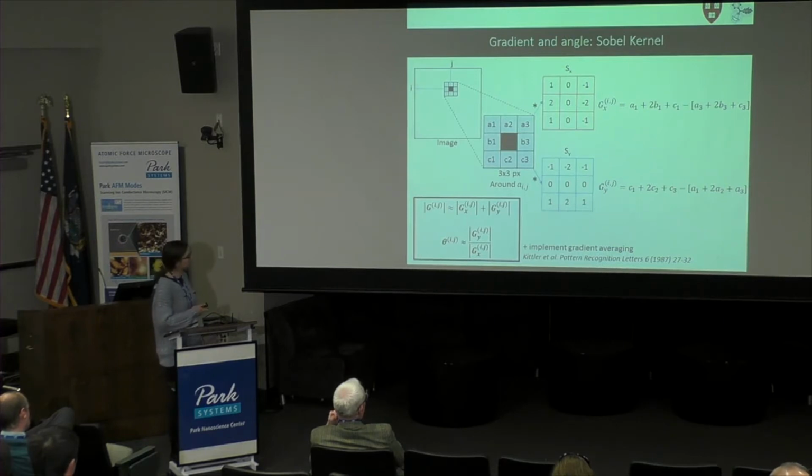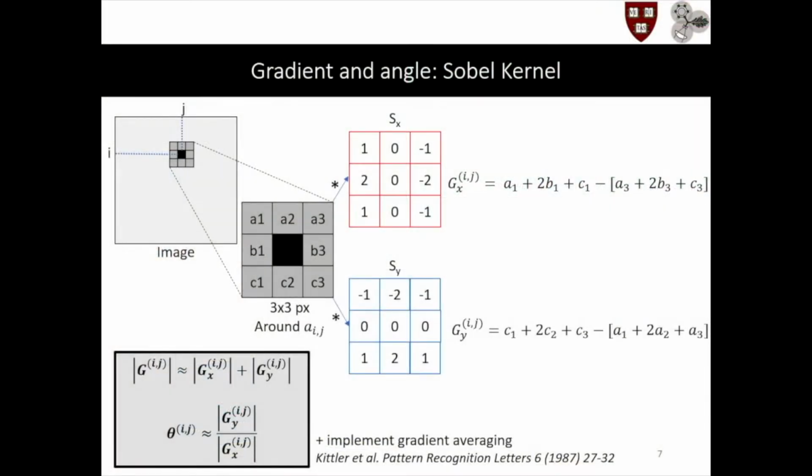I used what are called the Sobel kernels, which allow us to calculate the local gradients in the x direction and in the y direction, by simply convolving this matrix with a local 3x3 matrix of the image.